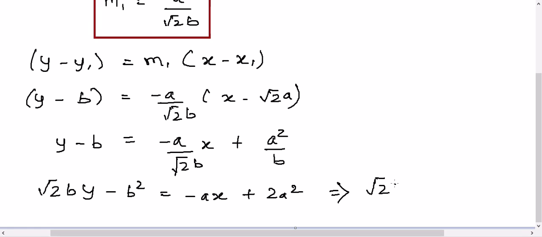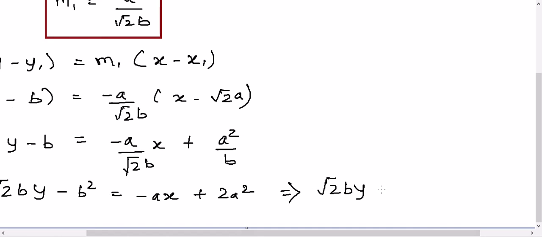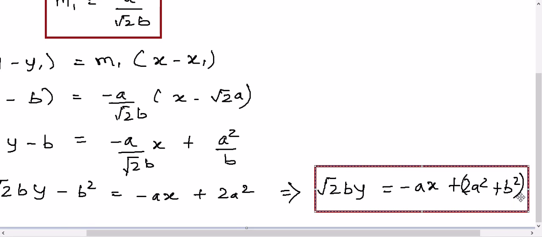So root 2b y is equal to minus ax plus twice a square plus b square, and this is the equation for normal. Thank you.